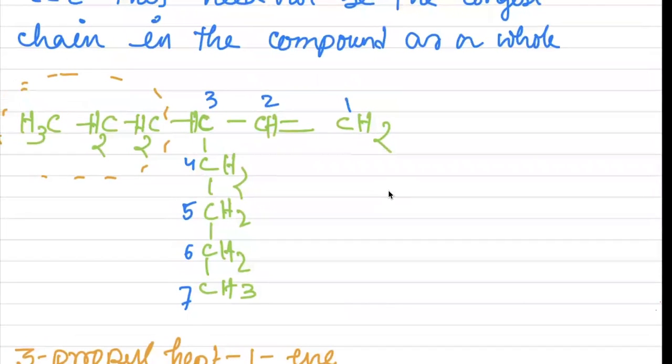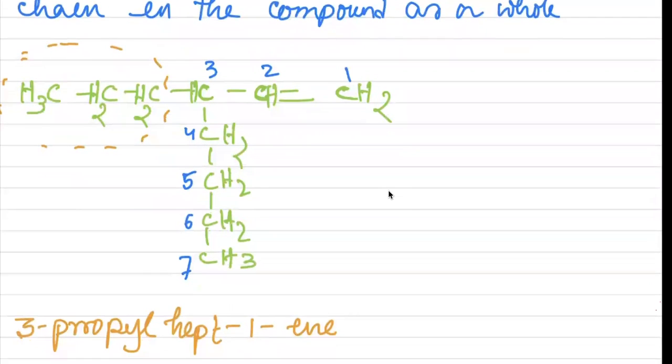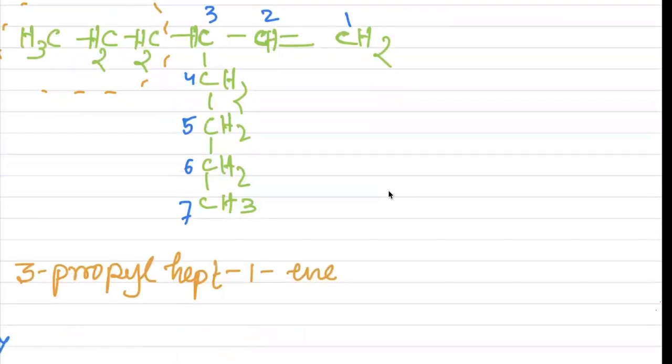The carbon double bond carbon has started from this carbon, 1 and 2. It is present between the first and second carbon. So that's why the numbering is given: the double bond, from which carbon it has started, that's why it has been given 1 over here.